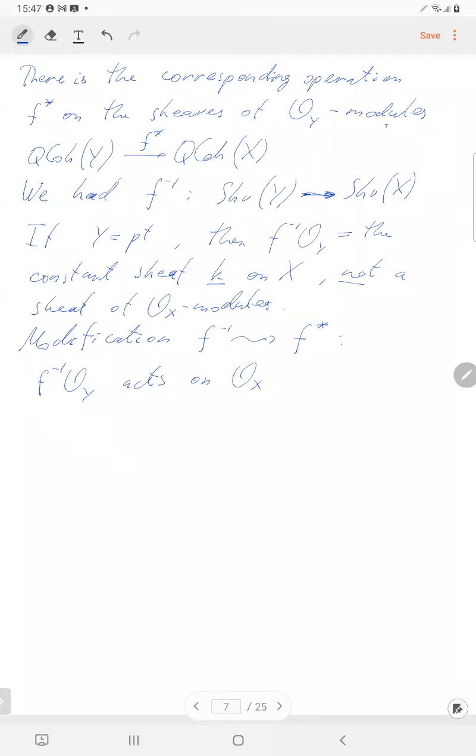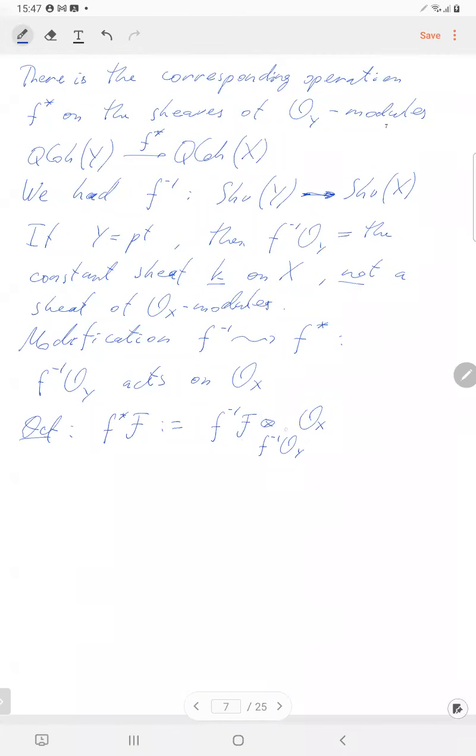Okay, and then the definition is: F upper star of any sheaf of OY modules, by definition, is, we pull back in this stupid way, so to say. Now it is acted upon by the pullback of OY, the stupid pullback of OY. On the other hand, the stupid pullback of OY acts on OX.